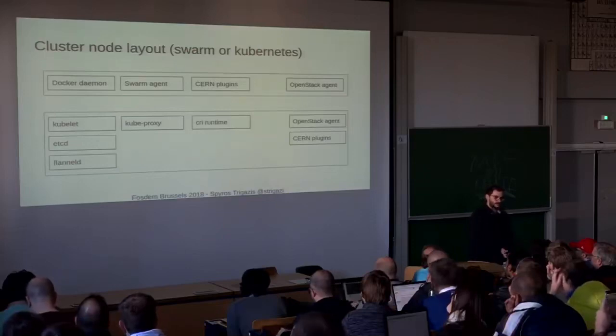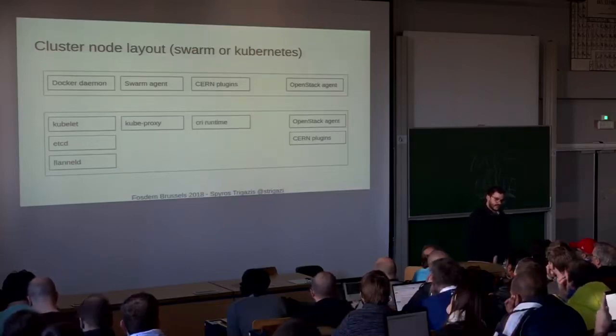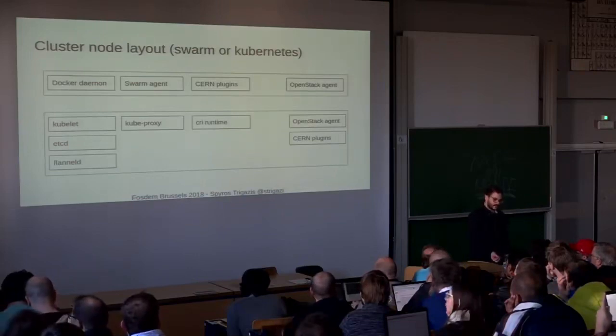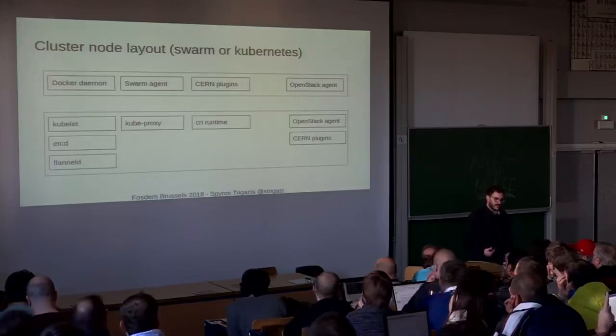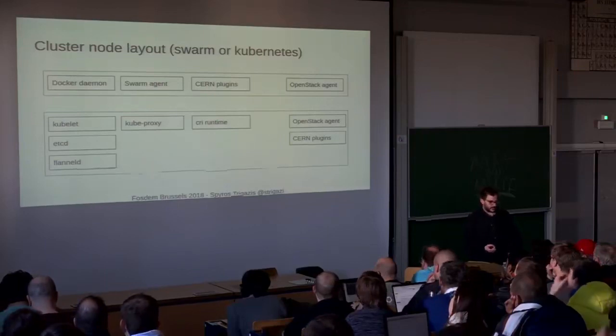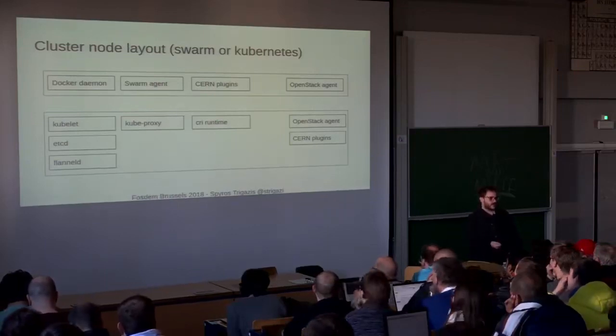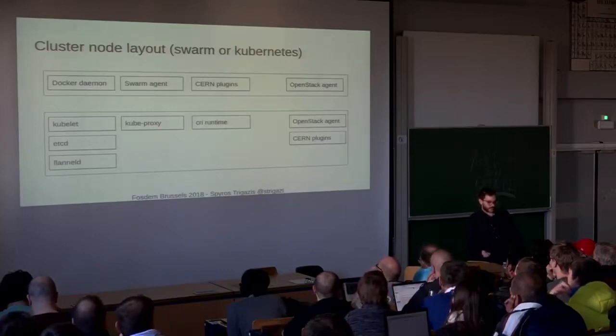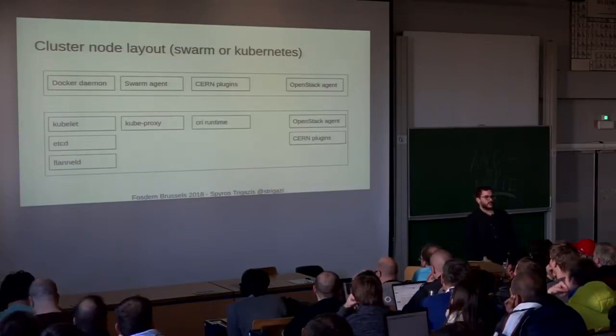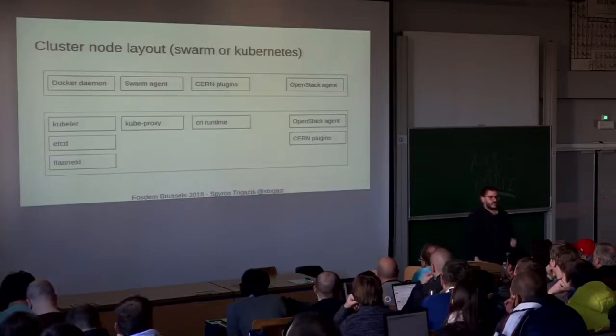Similarly, and even more complicated in the Kubernetes use case, we have more Kubernetes components. We have Flannel, we have etcd, we have a CRI runtime, and then we have the agent and the plugins that we want. So in the case of, for example, the legacy Swarm, if you wanted to run etcd in a container and you had only Docker, it's a chicken-and-egg problem, because you need to start etcd before starting Docker.